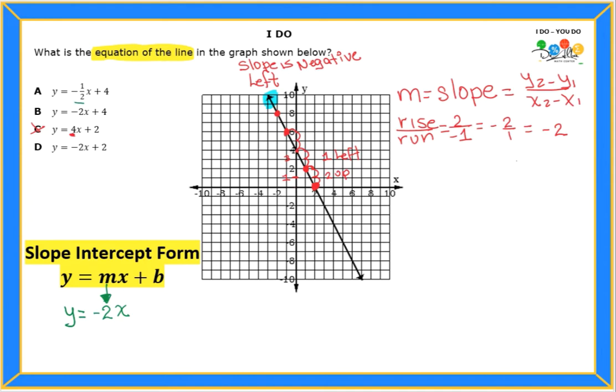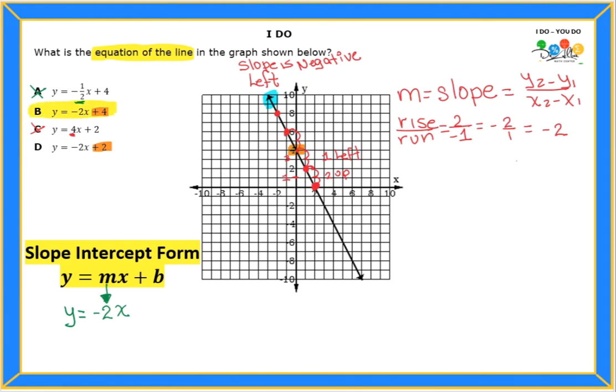A has a negative half, or negative 1 over 2, so that cannot be the answer. So I got between B and D. Notice the y-intercept, which is right here, is a plus 4 and a plus 2. The y-intercept is here on the top. I don't see it on the positive 2. So the answer looks more like letter B, right?